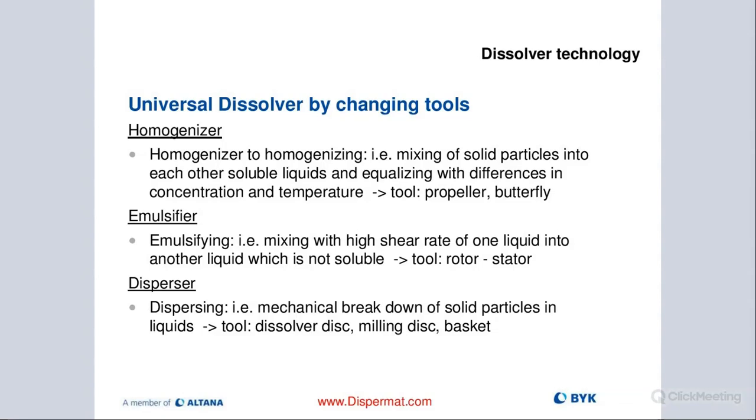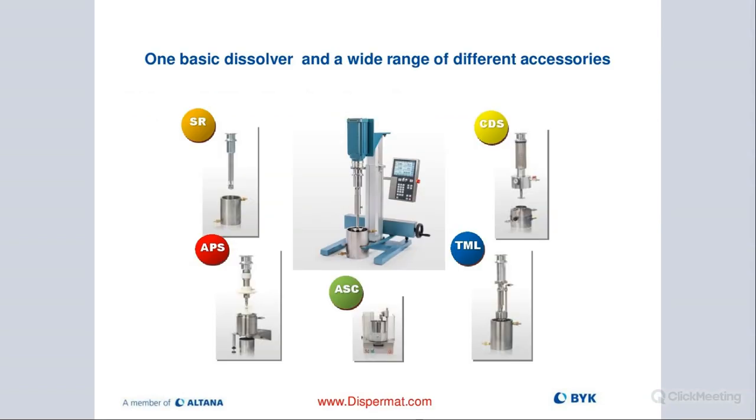All these different attachments are available, and you can turn a Dispermat into a different piece of equipment in less than 1 minute. You move them from a disperser over to a media mill or a rotor stator or a vacuum system. That is the great aspect of a Dispermat, that fantastic flexibility.